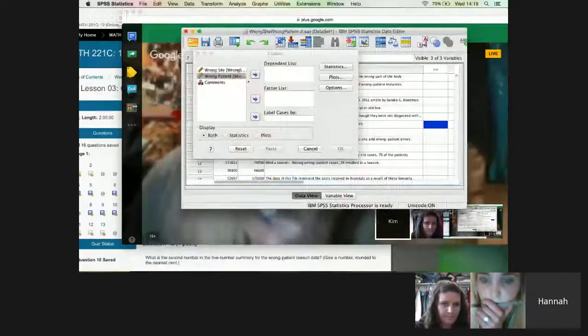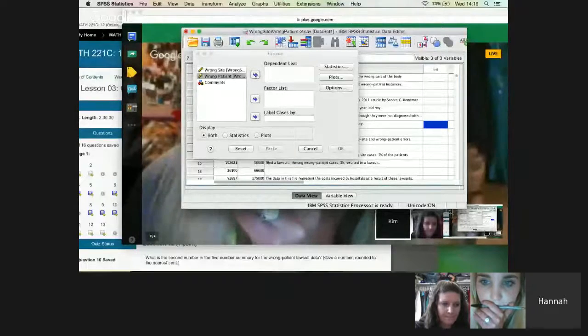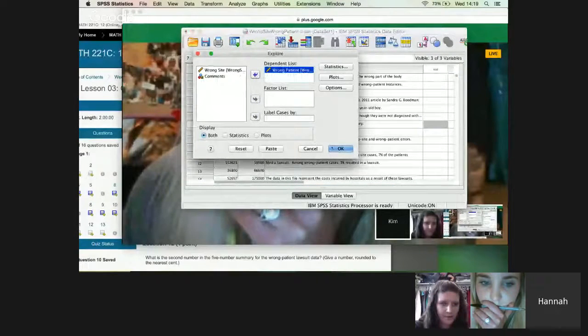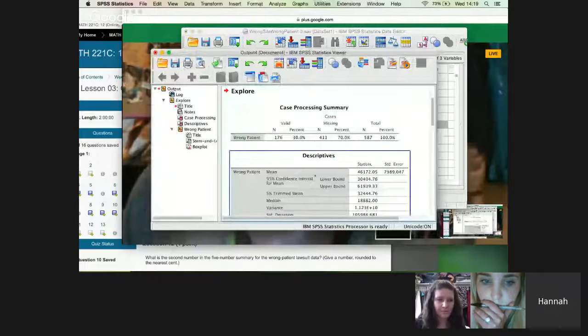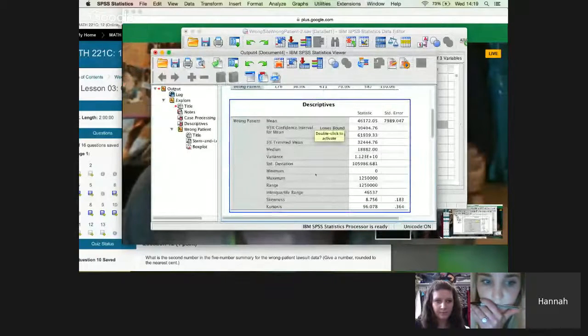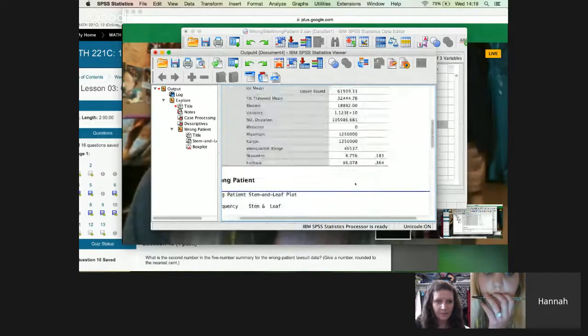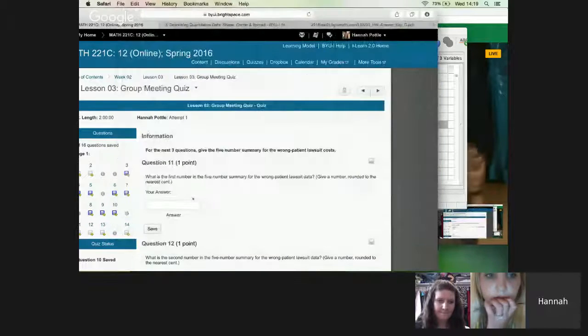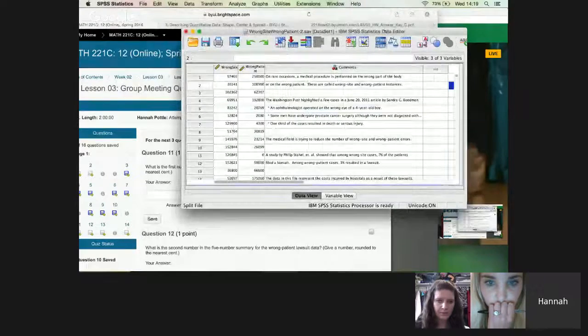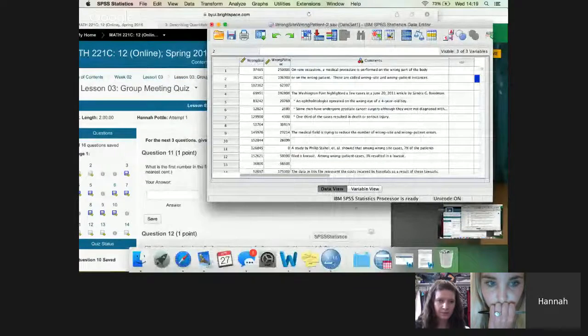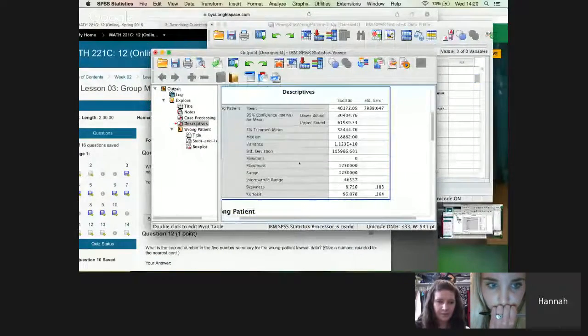Okay, so I have the median, the minimum, and maximum. I'm not sure how to get the quartiles. So the first number, which is the minimum, there we go, would be 0.